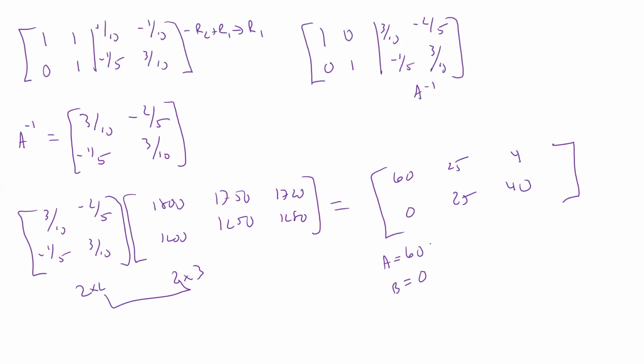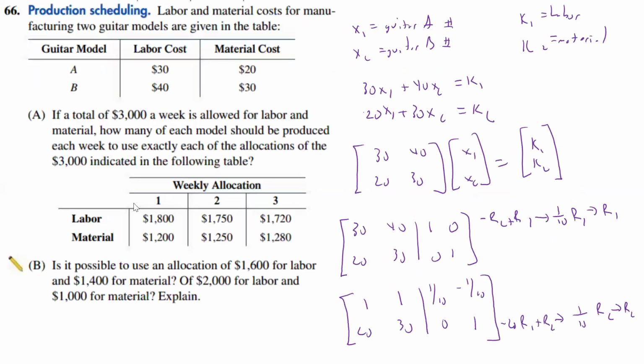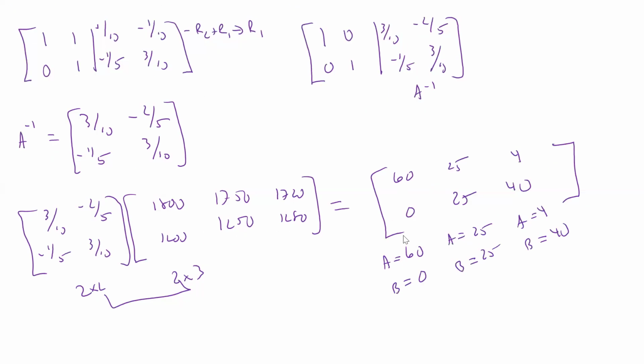This one says guitar A is equal to 25, guitar B is 25. This one says guitar A is 4, and this one says guitar B is 40. And that will give me the values basically of how many it is if I'm given this weekly allocation. That's how many guitars I can make on each of those, okay, with those allocations.